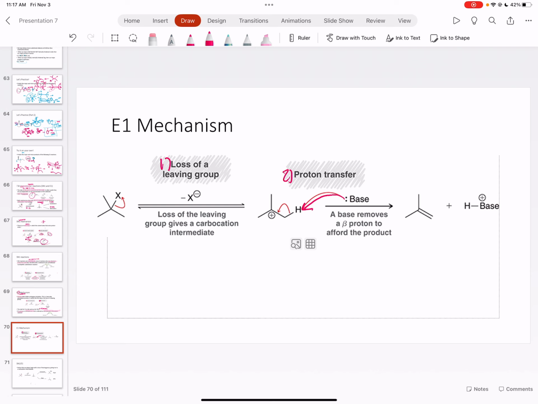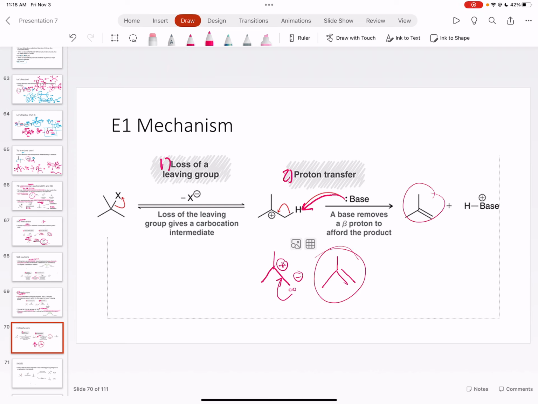And then, when it takes that hydrogen, we have a positive here and a negative here, and then we just make a double bond with that one, giving rise to what we have right here.